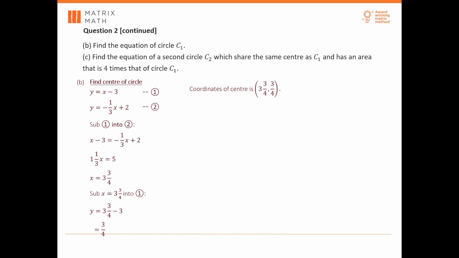Now this is just your center of the circle. So now you have to find the radius. The definition of radius is from the center of the circle to any point on the circumference, which means from this coordinate, 3 3/4 and 3/4, connected to either P or Q, you will be able to find the radius.